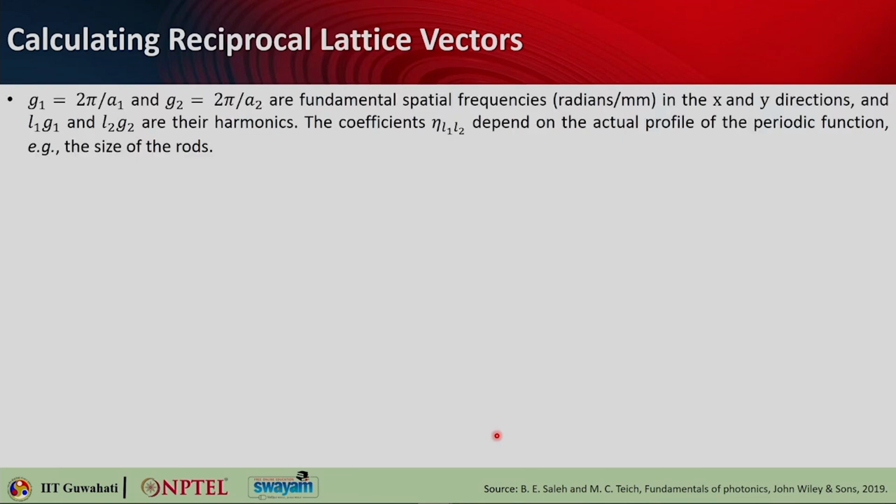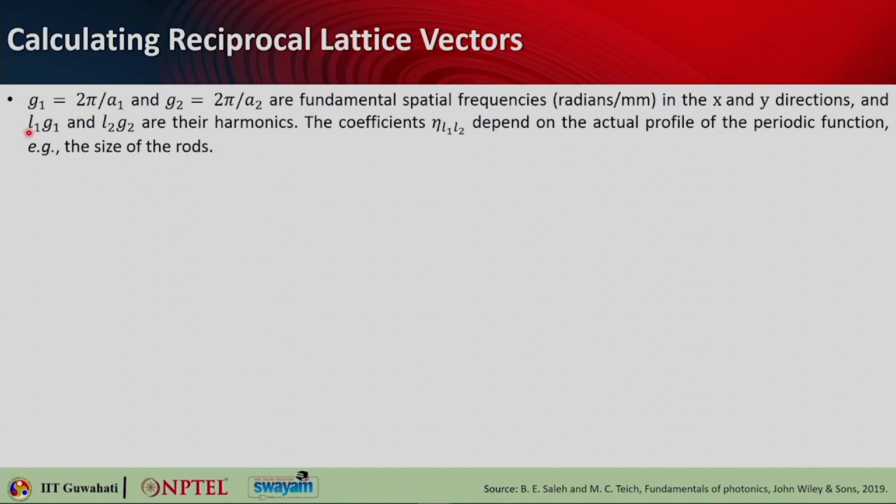Now, what are these G1 and G2? We have seen in the previous lecture, G1 is 2 pi by a1 and G2 is 2 pi by a2. These are the fundamental spatial frequencies along the x and y directions. What will be the unit? Radian per mm.